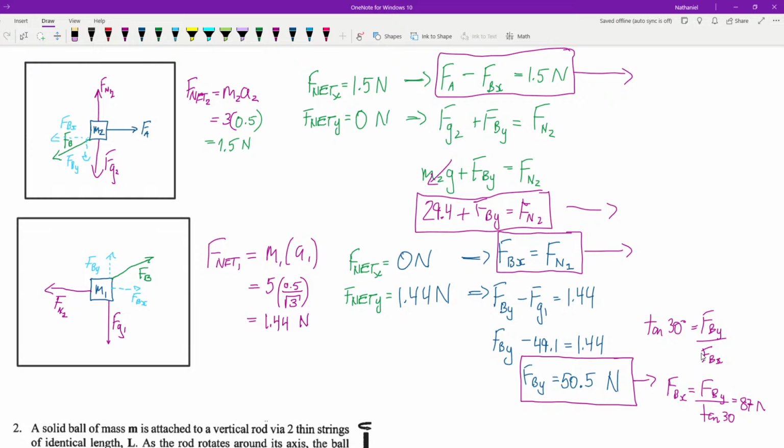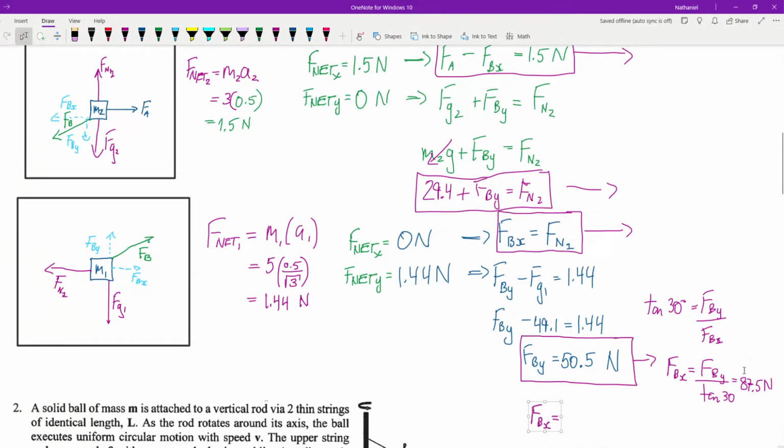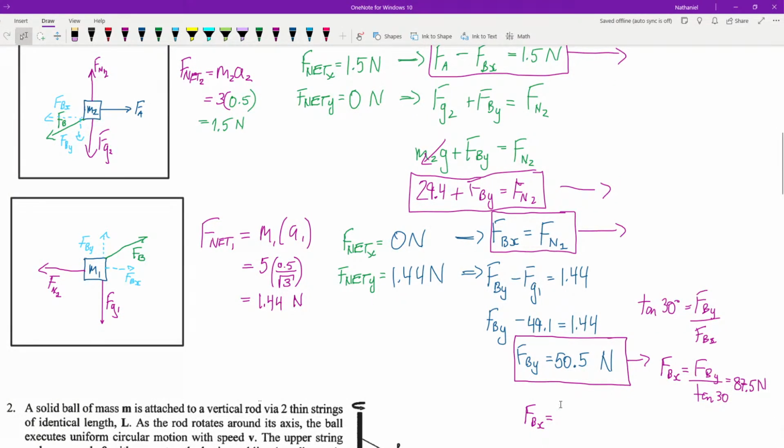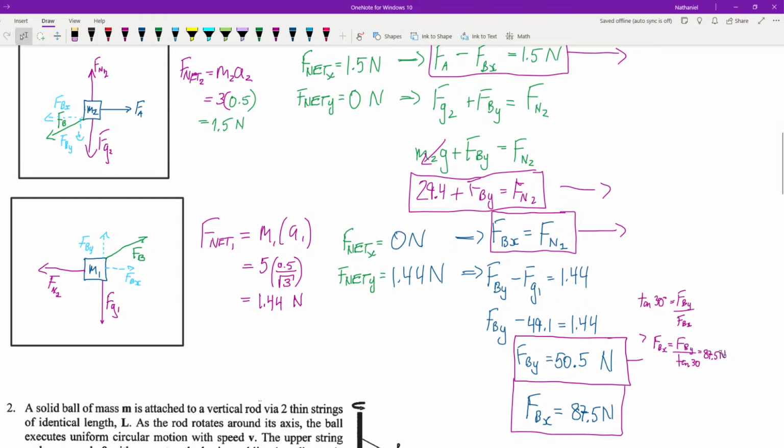Okay. So those are equations that we can bring forward with us. And now we should be able to go back to the other and solve.